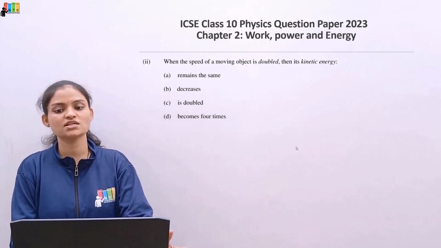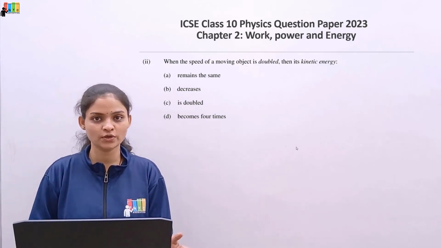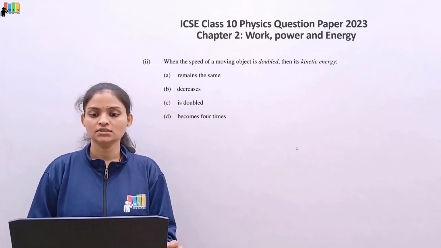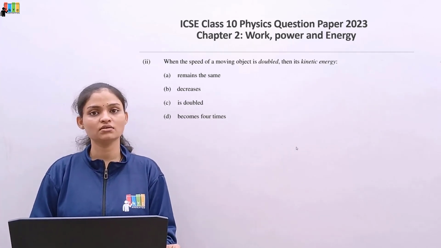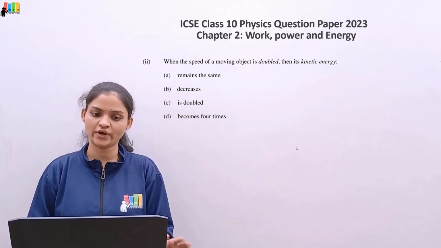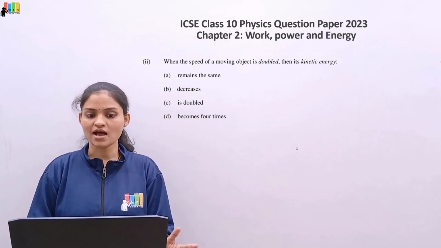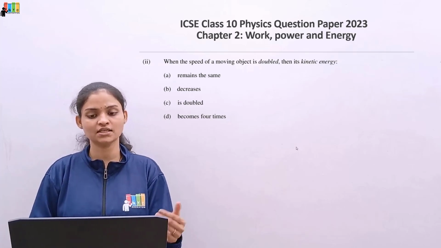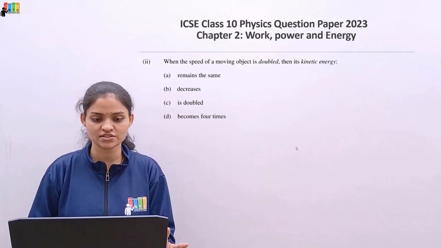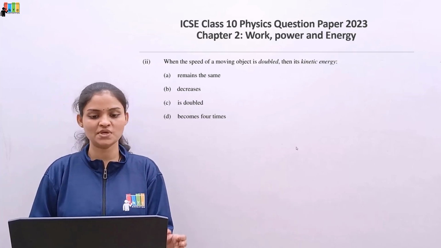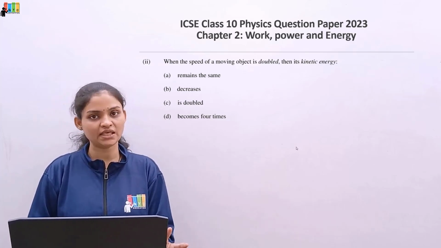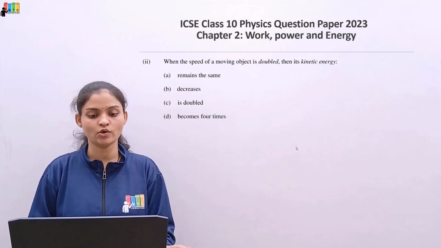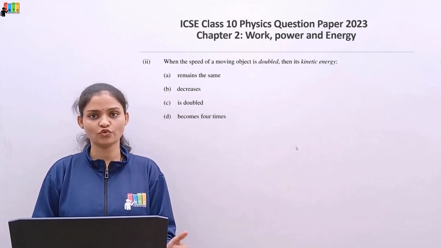Next question. So the next question is from the actual board paper of 10th ICSE, from the question paper of year 2023. What is asked? When the speed of a moving object is doubled, then its kinetic energy: option A, remains the same; option B, decreases; option C, is doubled; and option D, becomes 4 times.